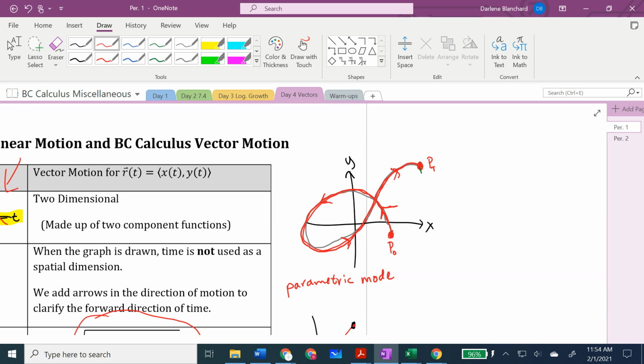Now, if I go over to my Y1 button, I see something different. If you now push your variable button, do you see the variable button that is X, T, theta, n? It will now put t's when you push it. And to create one graph, you have to type in two functions.